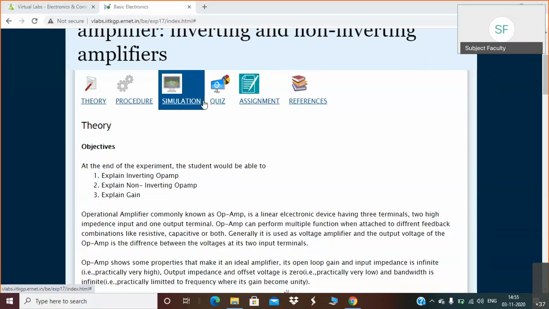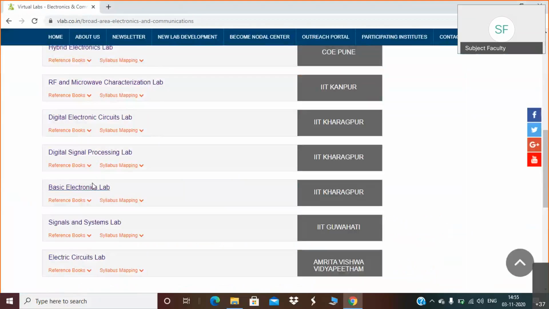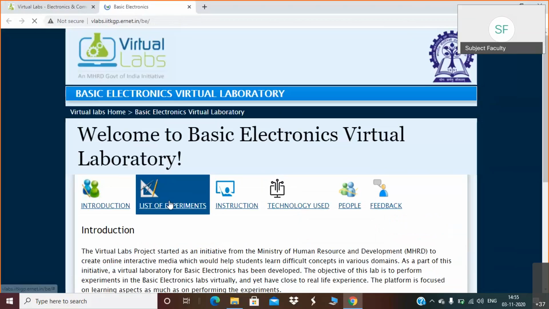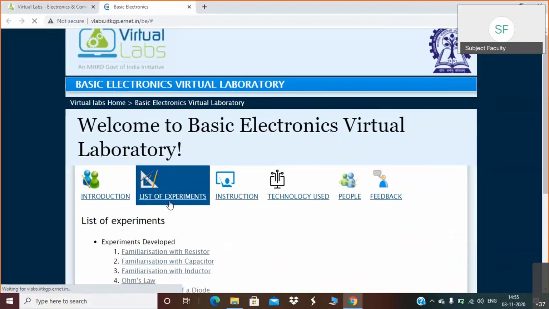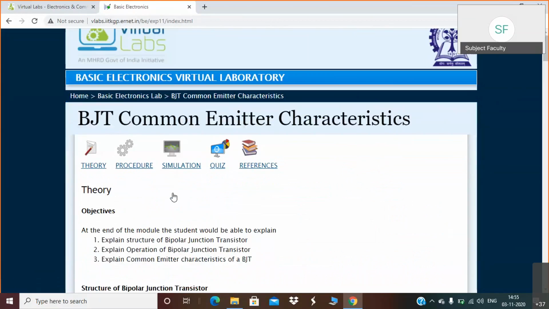So similarly, you can just try. I'm not asking you to do it, but similarly, you can try experiment number 10, that is BJT common emitter characteristics. So again, I'm going to the BJT common emitter characteristics.